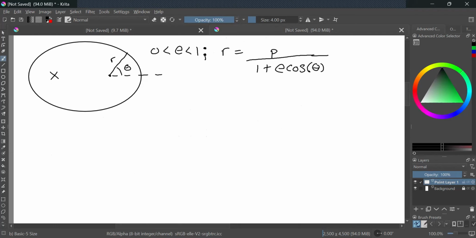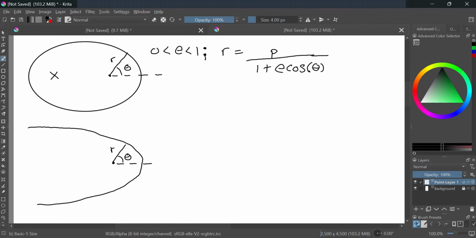Now comes the tricky part because I'm not used to drawing parabolas on their sides. So we're going to try doing this. We're going to use our imagination to pretend that it is perfectly done. We draw the reference line out here like that. And again, we put in our theta, we put in our eccentricity of a parabola, which is equal to 1.